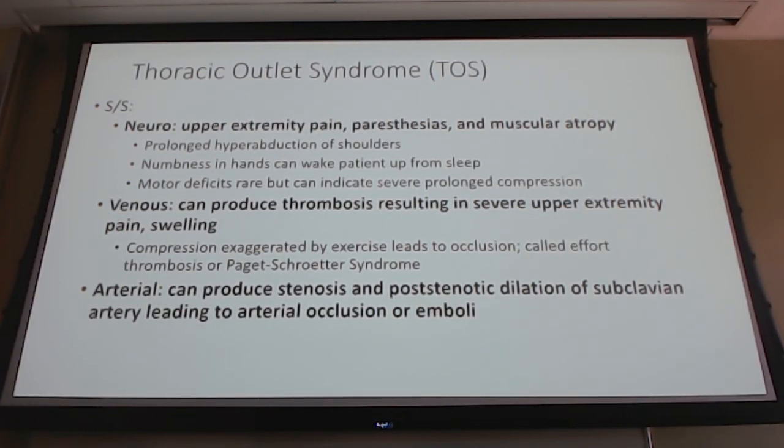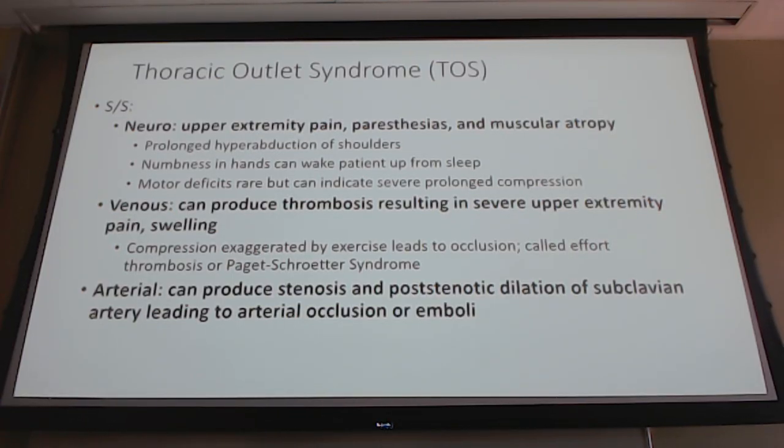So, if they have neuro, they're going to have upper extremity pain, paresthesias, muscular atrophy, okay, prolonged superabduction of their shoulders. They wake up. Now this is not somebody who like sleeps on their hands, like, you know, pterodactyl, right? But numbness of the hands when they wake up.